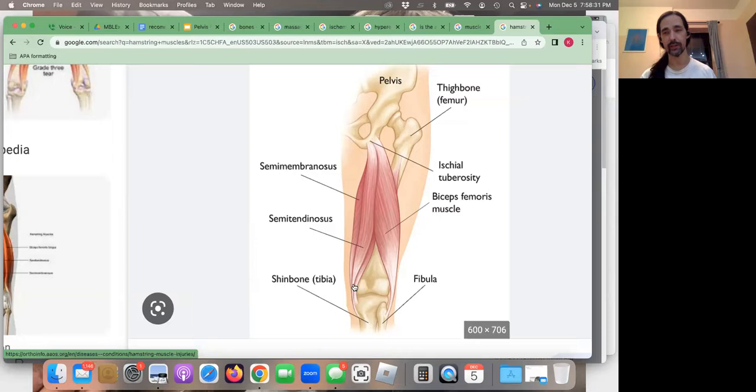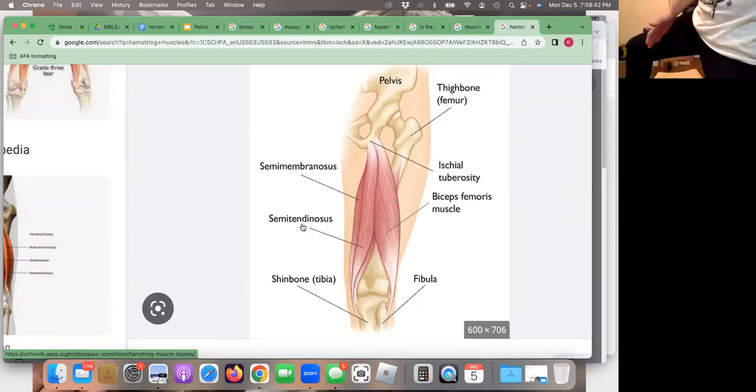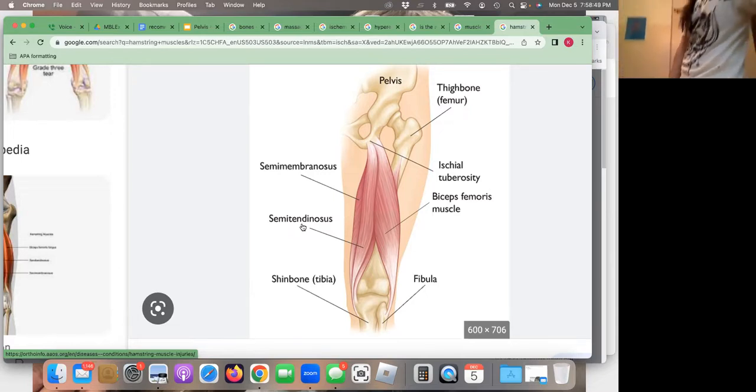No, sorry, my friends. Well, how about the letters? M for membranosus, T for tendinosus, M comes before T in the alphabet. Membranosus is more in front. Tendinosus is more in back. Looking from front to back, it's the membranosus, then the tendinosus. You've got to have some kind of a method.